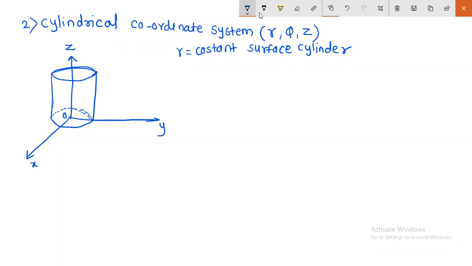Now this z-axis is the center of your cylinder. So from this center, if I go towards the surface of the cylinder, it is showing the radius. Yes or no?